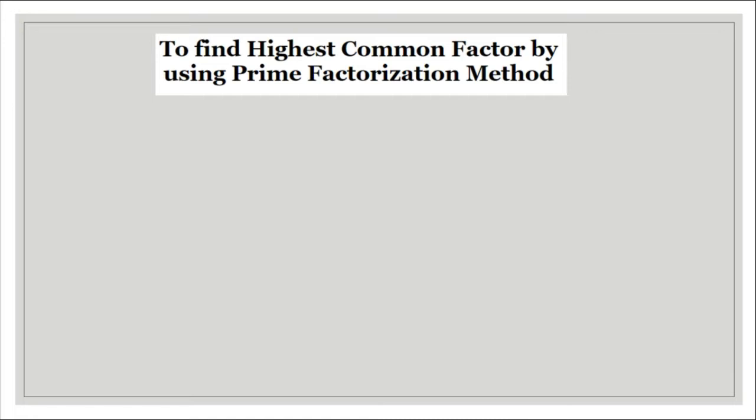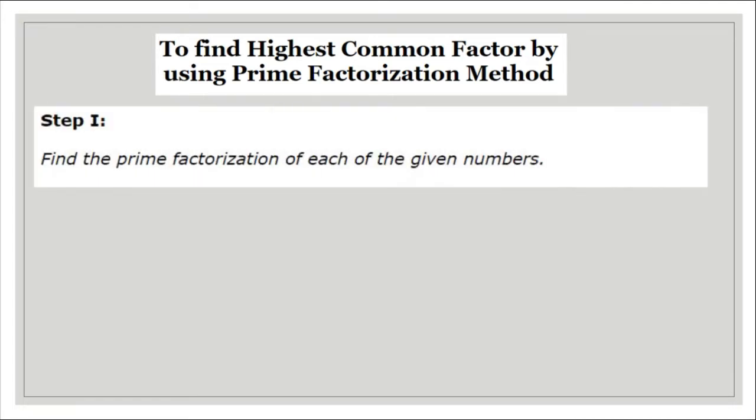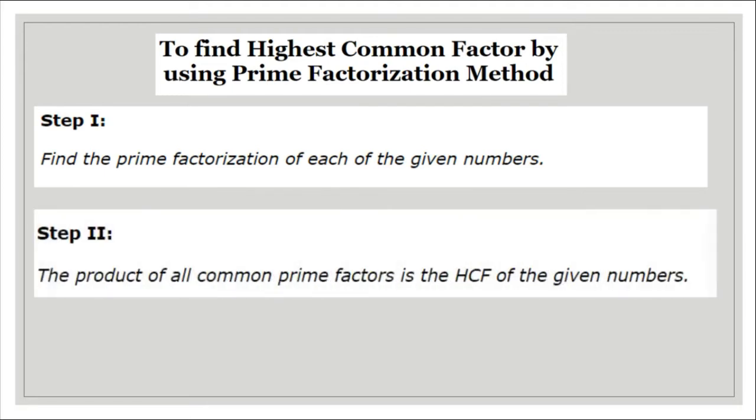The first step involved is we have to find prime factorization of each of the given numbers. Second step is the product of all common prime factors will be the highest common factor of the numbers. How do we do that? To understand these two steps, we must take some example and solve.